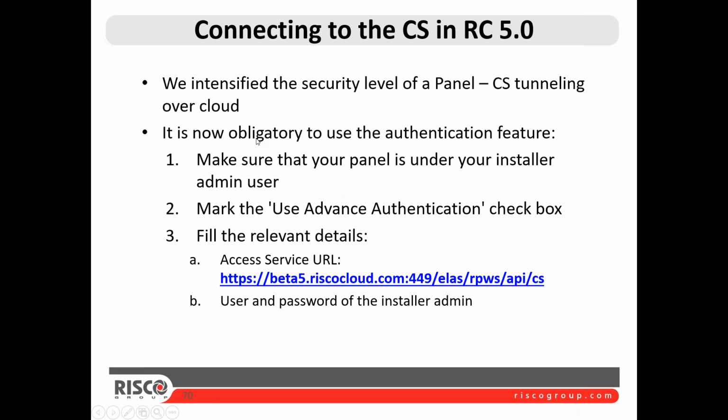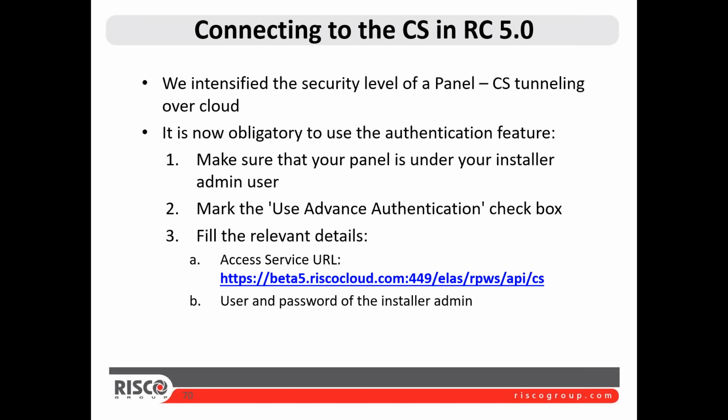Now you are obliged to use the authentication feature, otherwise you simply won't be able to connect to that panel. Make sure that your panel is under your installer admin user. So if you're an installer and I want to connect to that panel with the config software, I have to put in my login details in the config software to be able to connect to that panel.